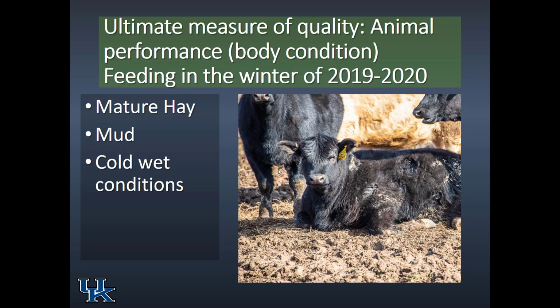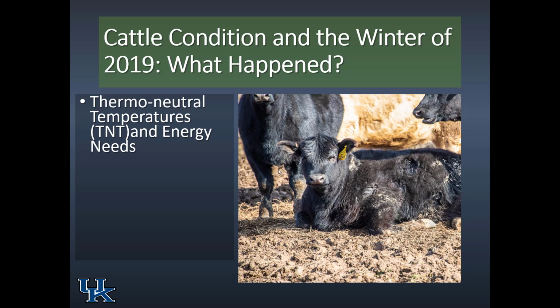The winter before this one was not terribly cold and wet and damp and problematic. But in 2018-2019, we had mature hay, we had mud, and we had cold, rainy conditions. In other words, it wasn't freezing, it was just cold and rainy. So I want to introduce you to a concept here called thermoneutral temperatures.